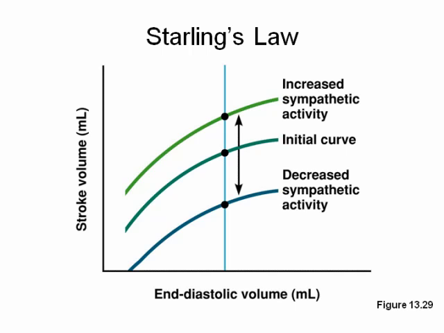If you increase sympathetic nerve activity, this curve actually shifts upward, meaning that for a given end diastolic volume, you end up with a larger stroke volume than you would have had otherwise. Or if you decrease sympathetic activity, because remember, parasympathetic activity does not affect contractility, so if you decrease sympathetic activity from this level down here for the same end diastolic volume, you end up with a lower stroke volume than what you would have had initially. So the extrinsic and intrinsic mechanisms that affect contractility do interact.